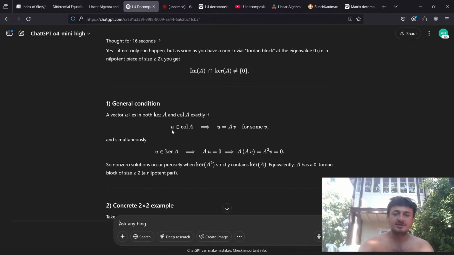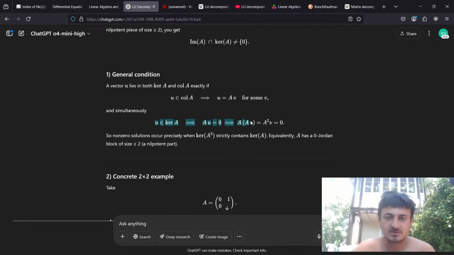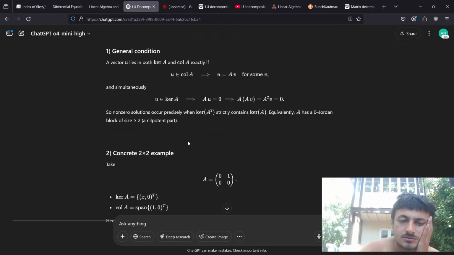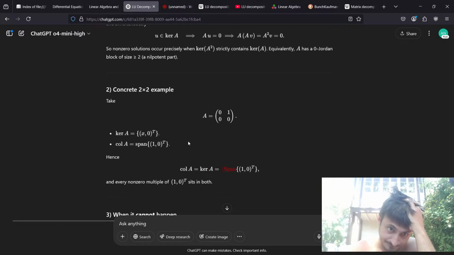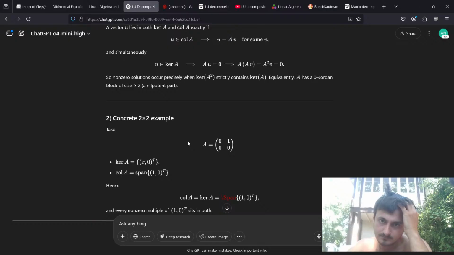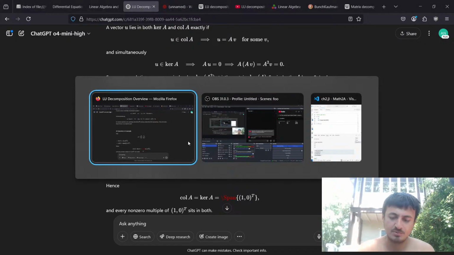Okay, so U is in the column space of A if U equals AV for some V. And it's in the kernel if AU equals 0. Okay, that's cool, actually. That was a fun one. Maybe we'll do 2.8. 2.8 looks fun.